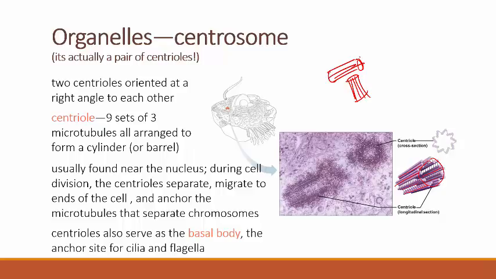And generally, during a lot of the life of a cell, there's only one centrosome, one of these pairs, associated somewhere near the nucleus.